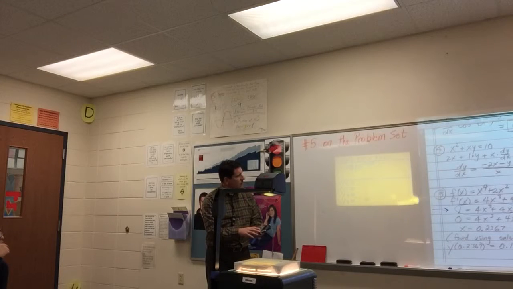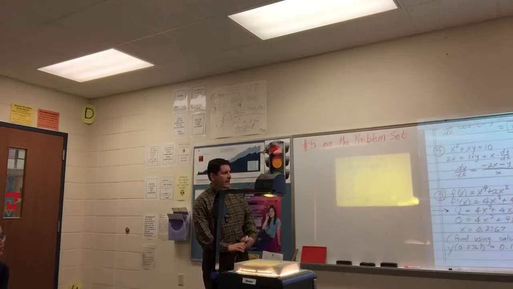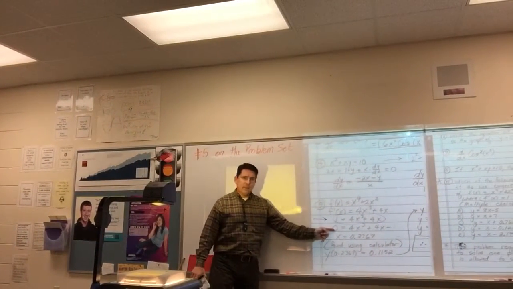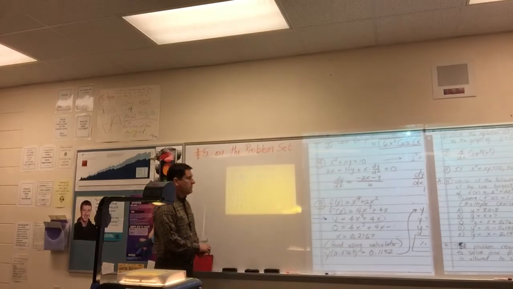Oopsie. There we go. Plus 4x minus 1. Okay? So that's the right side of this equation right here. It's just this one right here. And I want to find out, hey, when is it equal to 0?